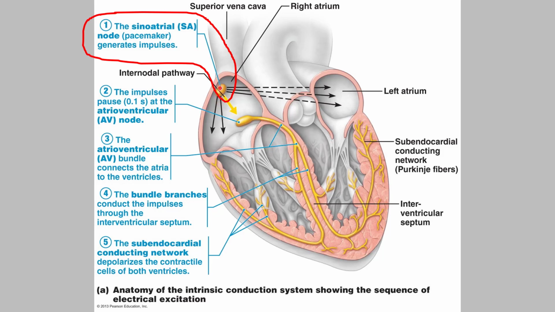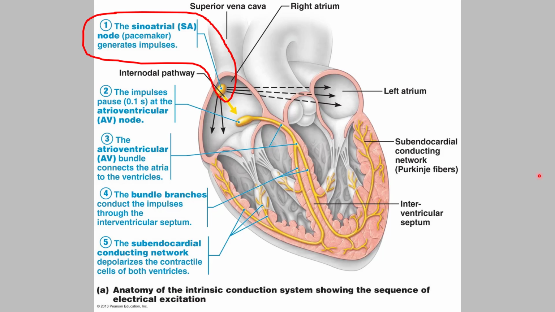And up here at the top of the right atrium, right next to where the superior vena cava enters, is one of those patches. Now, here it's yellow. If this were a real heart, it would not be any different than the surrounding tissue. It would all look the same. So here, the SA node is called the pacemaker of the heart.